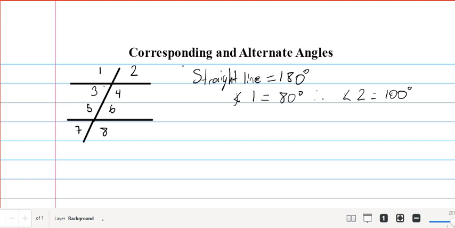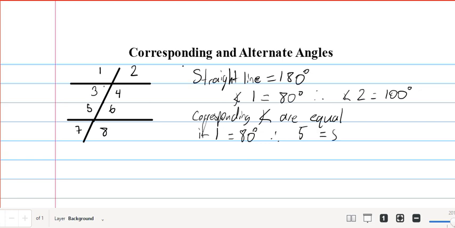So if 1 is 80, then the corresponding angles are equal, all right? So if 1 equals 80 degrees, then angle 5 equals 80 degrees.